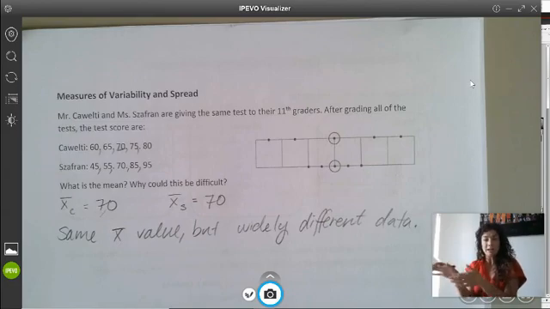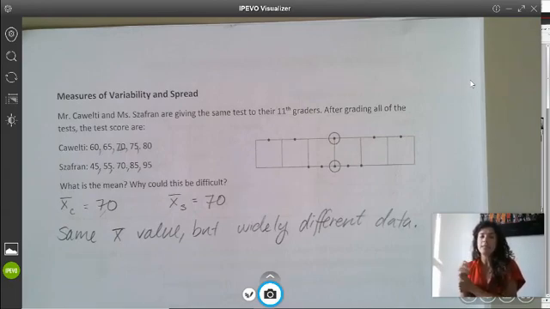Whereas Ms. Zaffron's measure of mean is 70. If you got a 50 on the test and you saw that the average was 70, you would probably not be happy with that, right? Or if you got a 95 out of 70, you might be really surprised by that 95 as your score when the mean is 70, right?